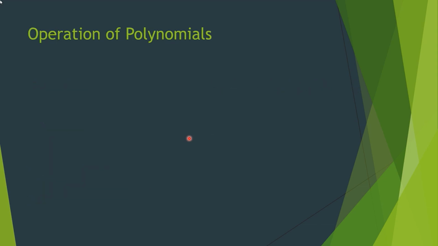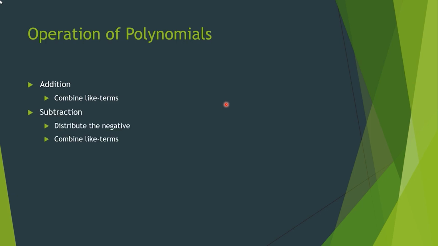All right, so let's look at operations of polynomials. So we're going to look at addition. Addition is basically just combining like terms. Subtraction includes one extra step, so you distribute the negative and then combine like terms.